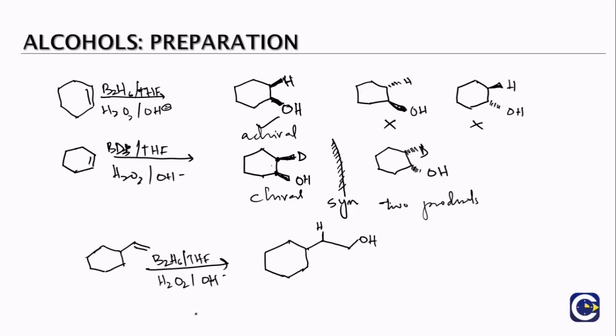Okay, let's take another example. Let it be again cyclic, because if you can do it for cyclic, then for acyclic it will be very easy for you. So let the alkene be like this. Okay, and taking the same reagents, we have BH3 for example, and we have THF, we have H2O2, and we have hydroxyl.